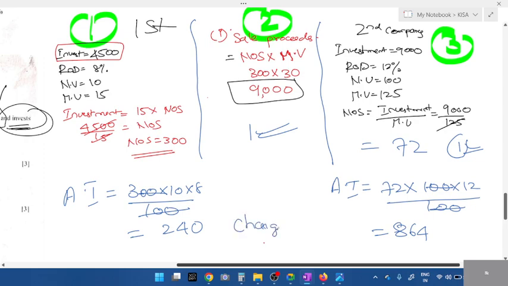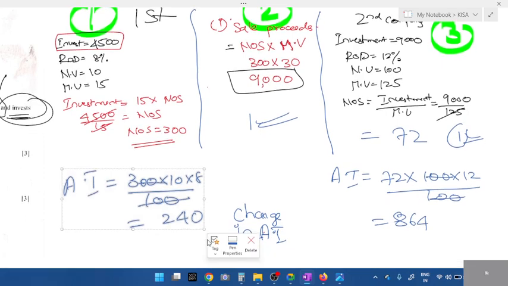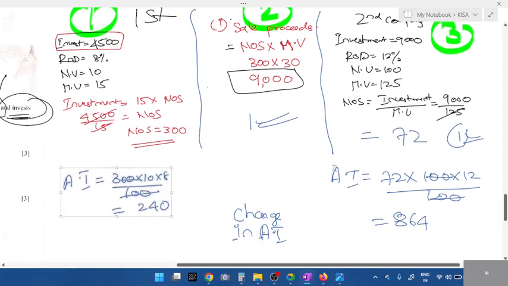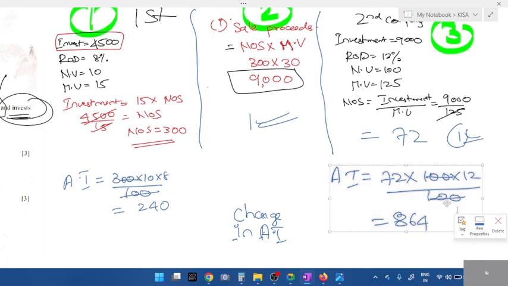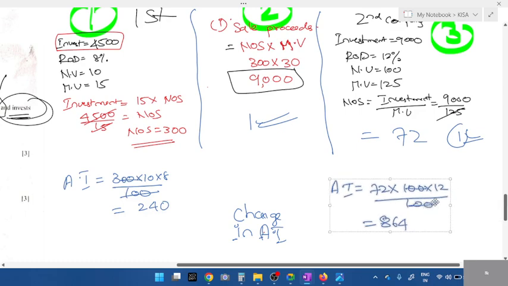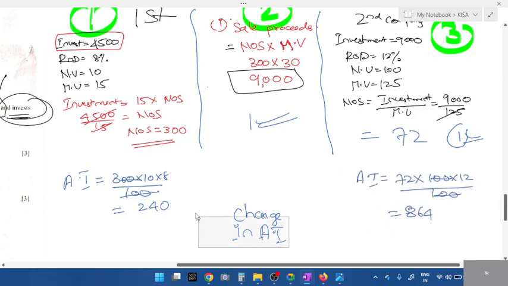Change in the sense, what you have to find, students, is the difference, the change in annual income. 864 minus 240. 624 is the answer.